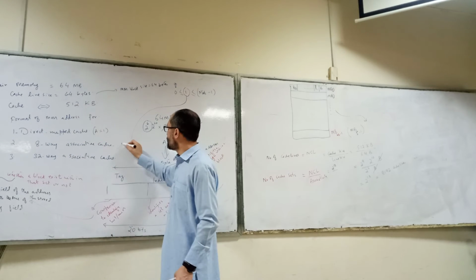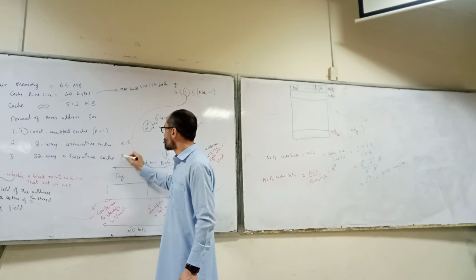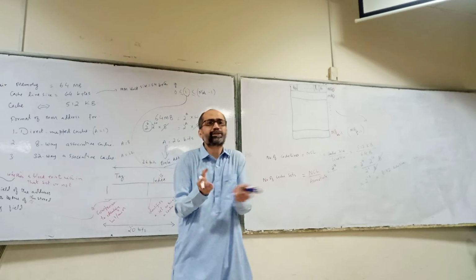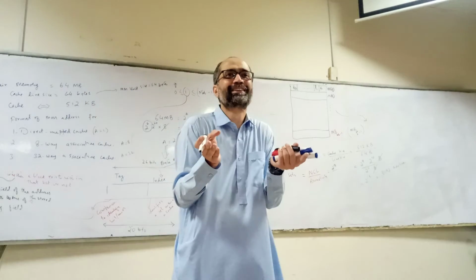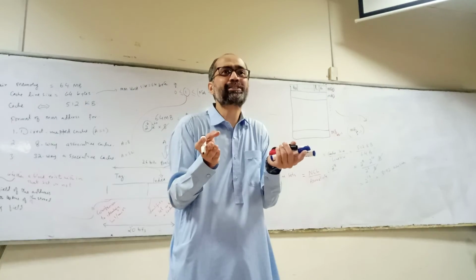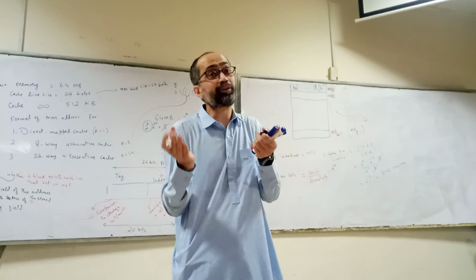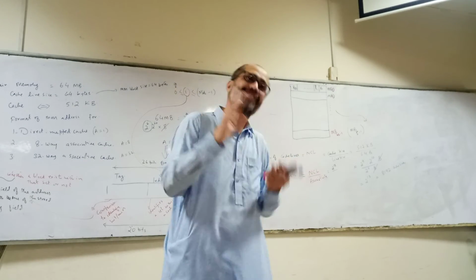For this, A is equal to 8. For this, A is equal to 32. So that is the only change. The change in associativity implies that the sets are changing, and when the sets change, the index fields change.